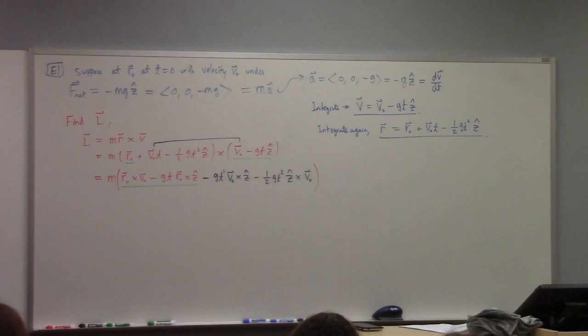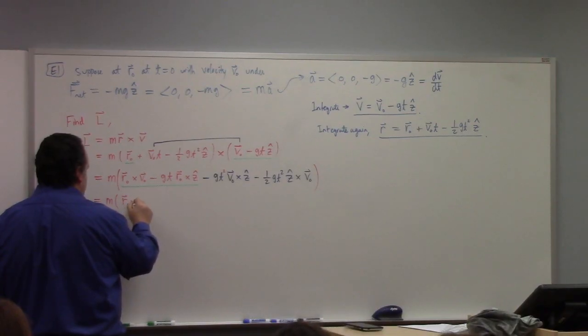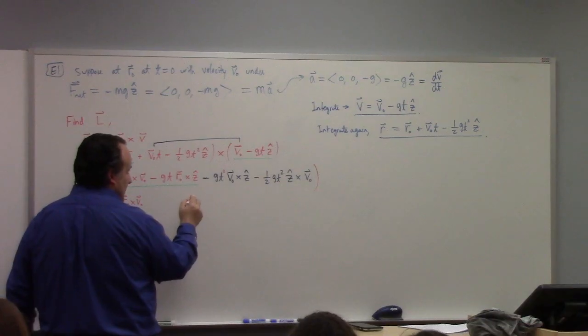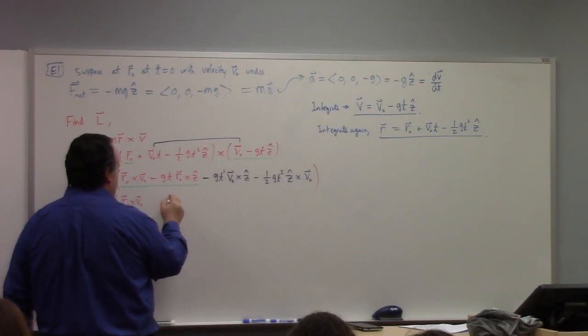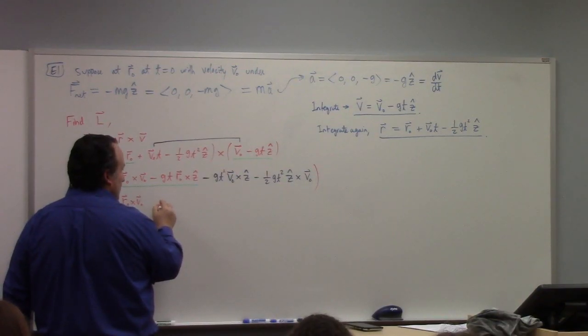Let's see here. I think it might be useful for me to just go. Okay, so that's r naught cross v naught. And then I've got, well, fine, I'm trying to decide how to write this.